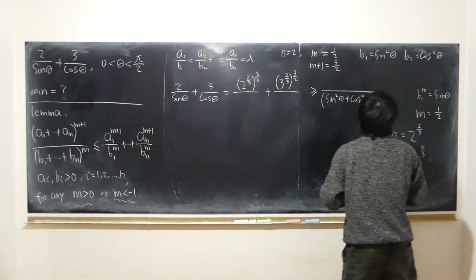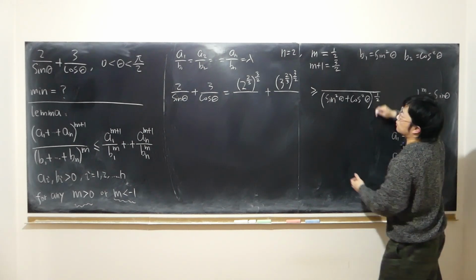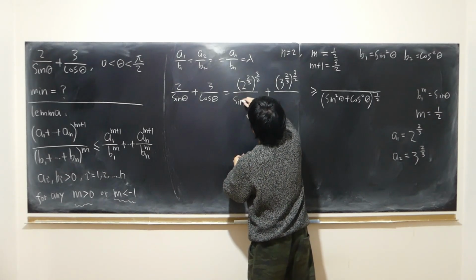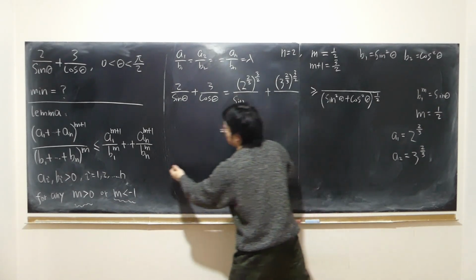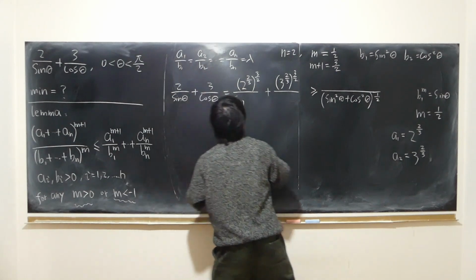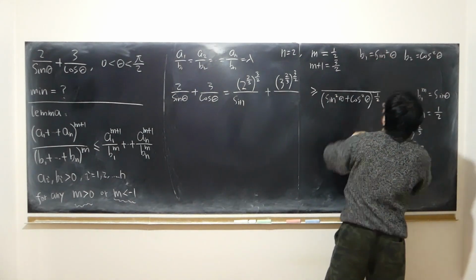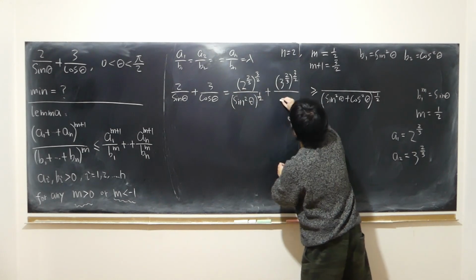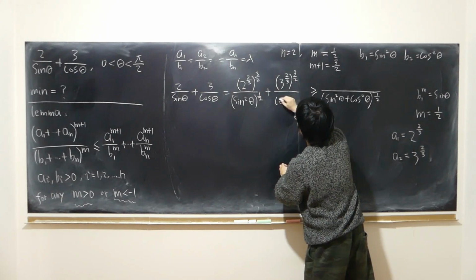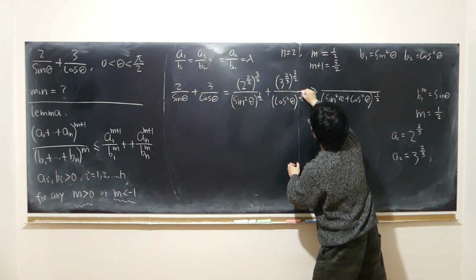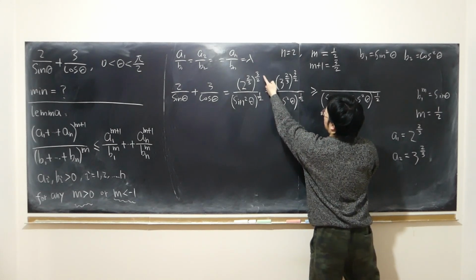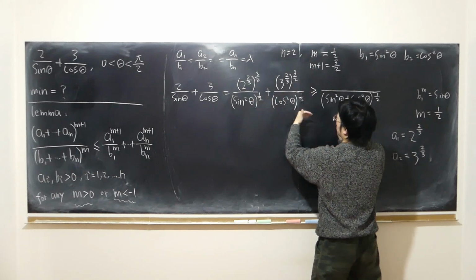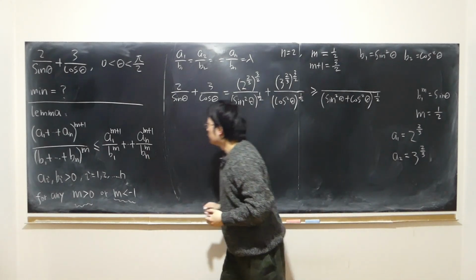Like I said, B1 and B2: B1 to the m is B1 to the half, so sine square to the half. Likewise, cosine square to the half. So everything is in the power m plus 1 form. This looks nice.